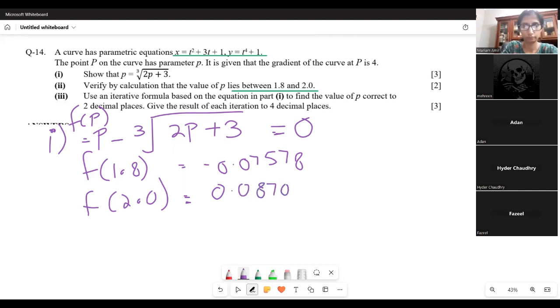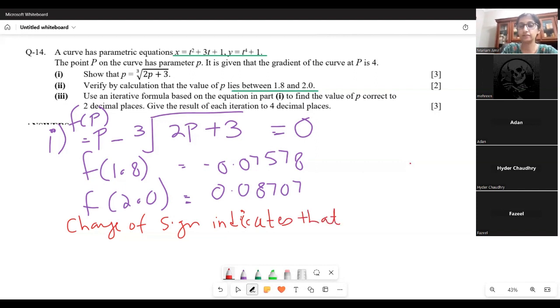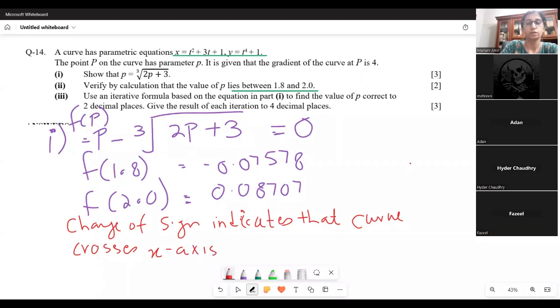Okay, so change of sign indicates that the curve crosses the x-axis between 1.8 and 2.0, hence the root lies in between.